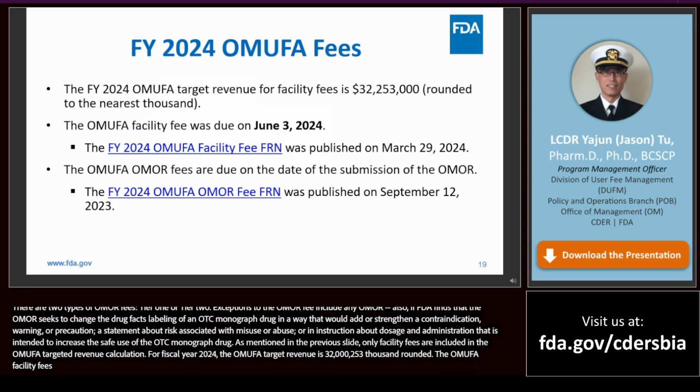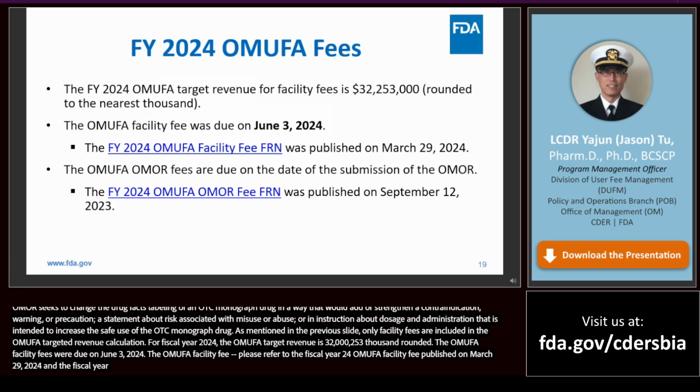The OMUFA OMOR fees are due on the date of the submission of the OMOR. Please refer to the fiscal year 2024 OMUFA facility fee FRN published on March 29, 2024, and the fiscal year 2024 OMUFA OMOR fee FRN published on September 12, 2023, for details on fee requirements and fee rates.